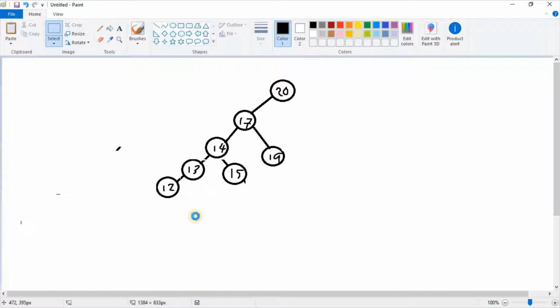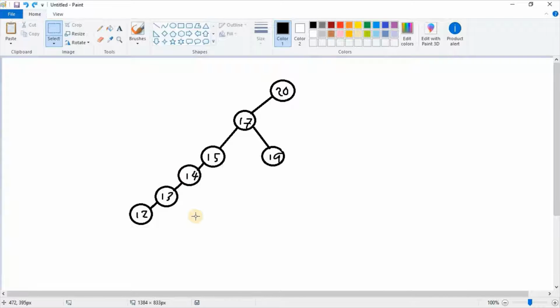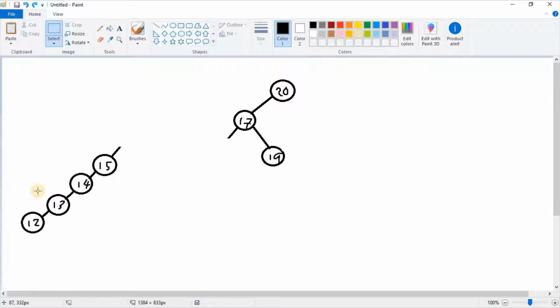I'll show you again. In this case, we know it is clearly unbalanced. So we are doing a right rotation such that this 14 comes over here and the 15 goes over here. In a right rotation, the whole element moves rightwise in a circular manner. So at first we are trying to make a copy of this element over there.